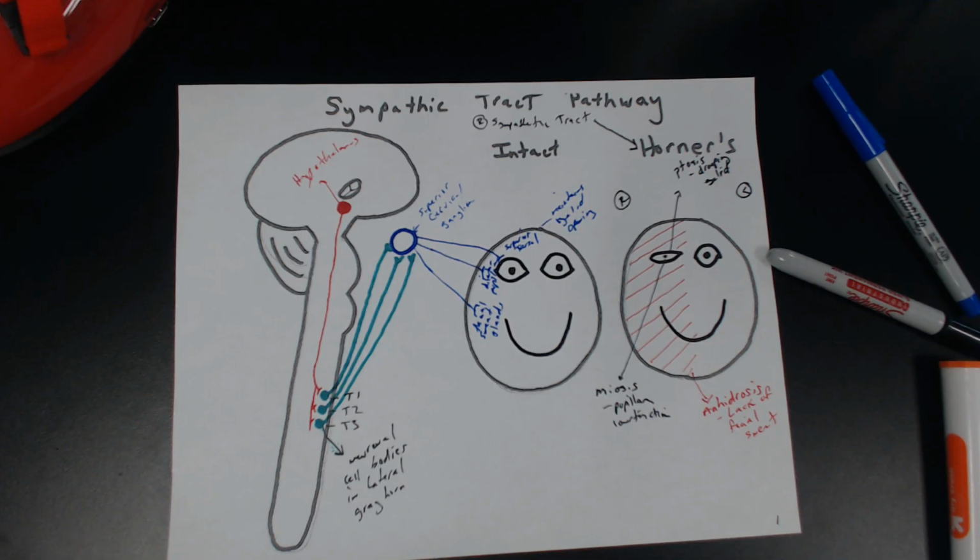But somebody goes to the gym and works out, and one half of their face is normal looking and sweaty, and the other half gets bright red and is dry. That's anhidrosis. And that constricted pupil all the time is miosis. That eyelid drooping is ptosis. All right, three different things.